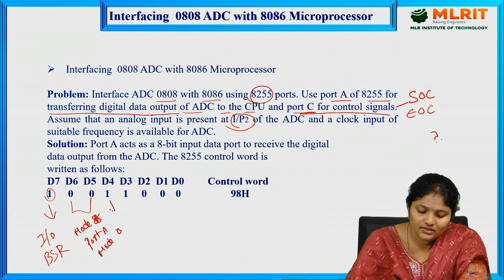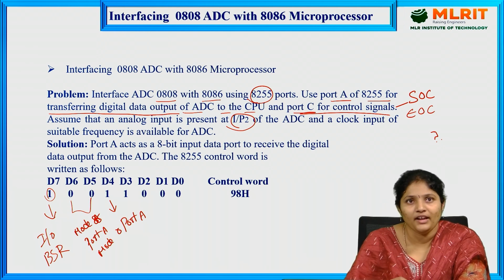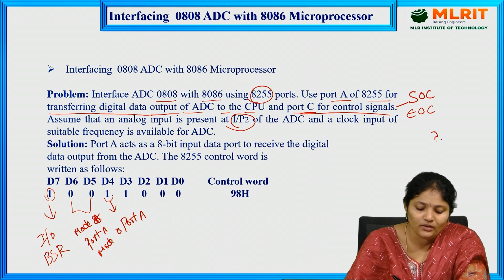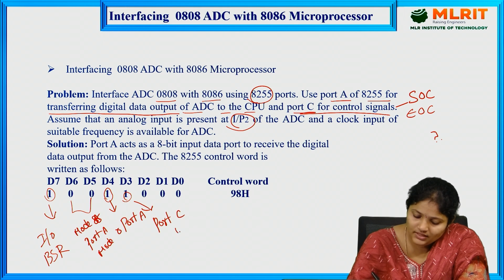Now D4 is the port A bit, whether it acts as input or output. ADC is considered an input to the microprocessor, so we take 1 here, input. D3 is port C upper.